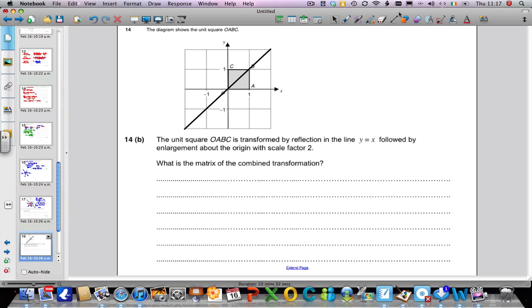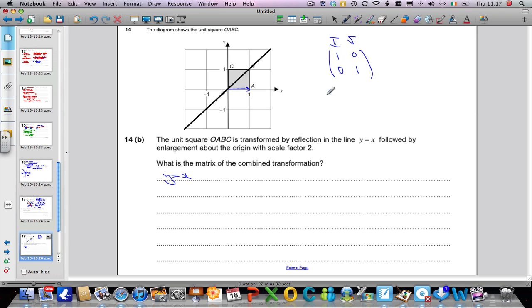So I need to know what matrix will describe the line y equals x. So the i component, let's write it up here, the i component was 1, 0, and the j component was 0, 1.